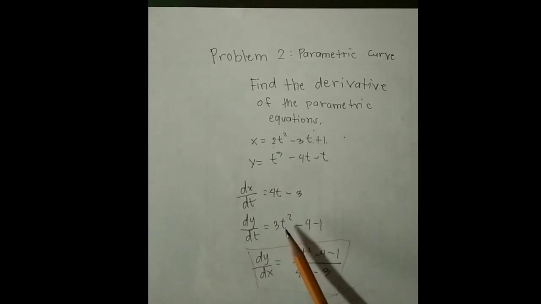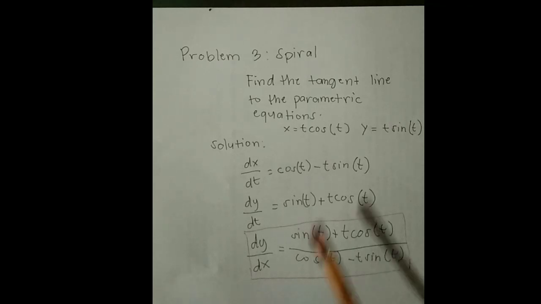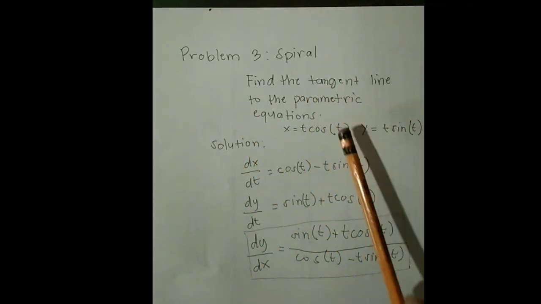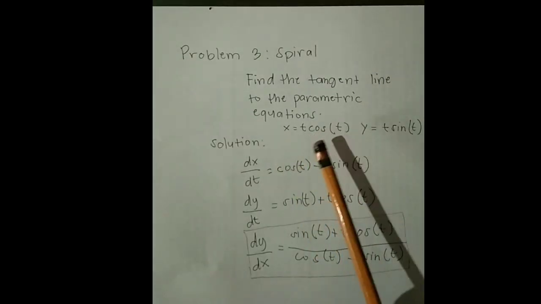Problem number 3, spiral. Find the tangent line to the parametric equations x = t cos t, y = t sin t. First, the derivative of x is cos t minus t sin t. The derivative of y is sin t plus t cos t.